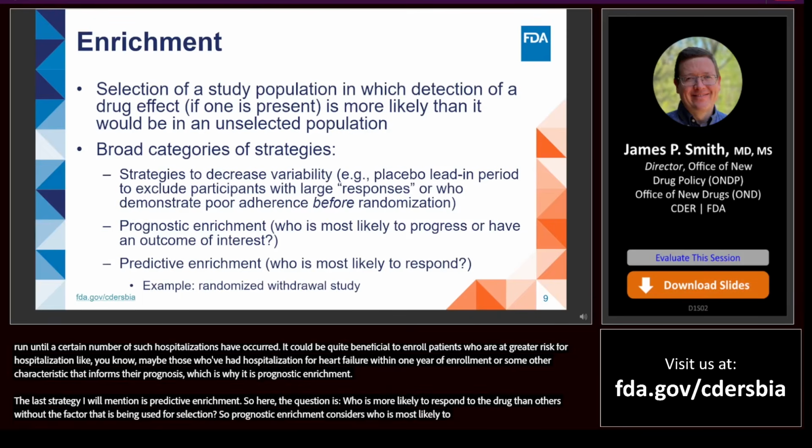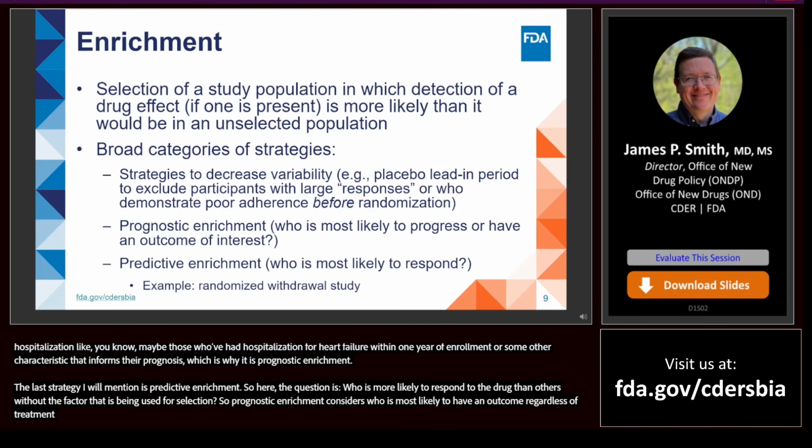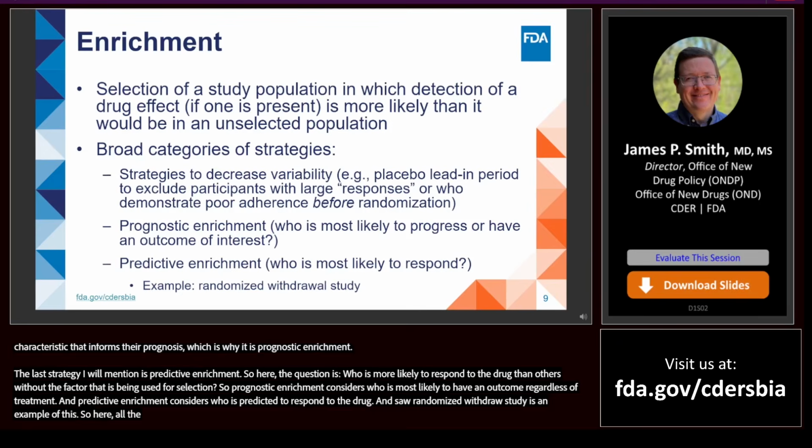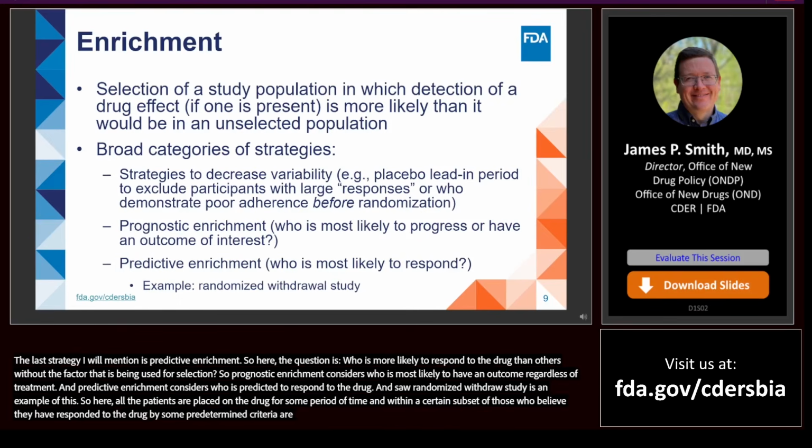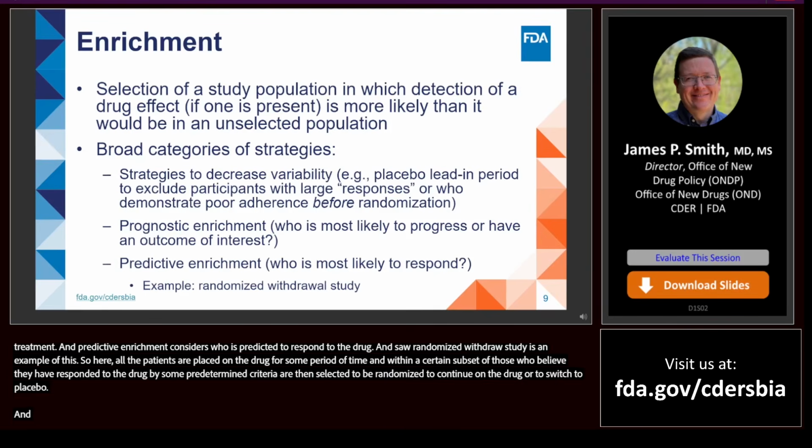So here, all of the patients are placed on the drug for some period of time, and then a certain subset of those who believe they've responded to the drug by some predetermined criteria are then selected to be randomized to continue on the drug or to switch to a placebo. And that's an enrichment strategy because all of the patients who don't think that they're responders to the drug will have been weeded out, if you will. And they won't then be subjected to the test versus control randomized portion of the trial.